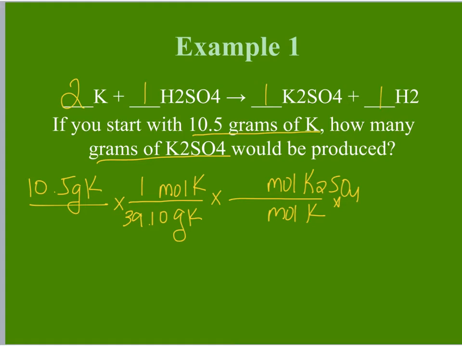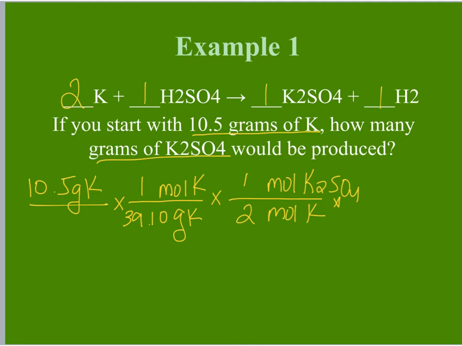Moles of K is a 2 up here, so this is where I'm going to put moles of K, a 2 right there with it. K2SO4 in our balanced equation has a 1. So in this case, K2SO4, I'm going to go ahead and put a 1.